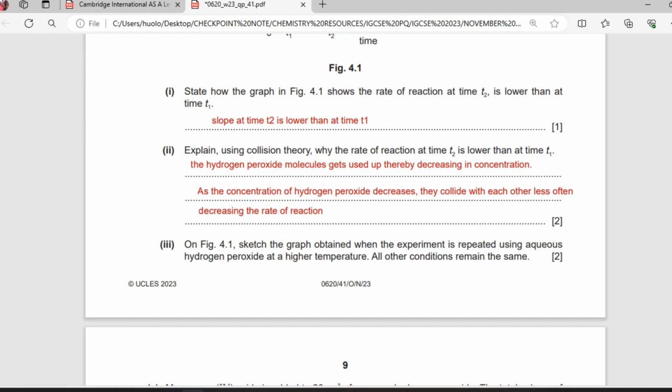Okay, so we make progress again. We ask the question on Roman numeral 3. On figure 41, sketch the graph obtained when the experiment is repeated using aqueous hydrogen peroxide at a higher temperature. All other conditions remain the same.